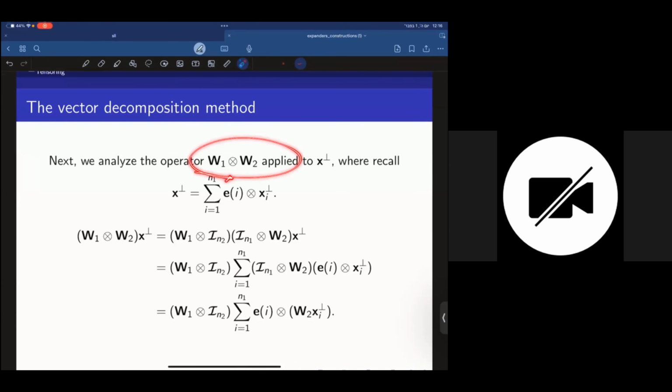So let's look at this operator applied to x perp. Here it's kind of more ugly, because x perp is not a tensor product. You can just write it artificially like that, as a sum of basis vectors times some vector which is orthogonal to the all ones.